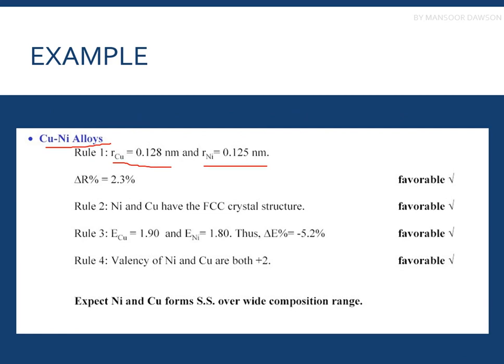We calculate the difference: radius of copper minus radius of nickel, divided by the radius of copper, because we are checking against copper, then multiplied by 100. You can see we get 2.3%, which is less than 15%. So this is the first condition satisfied for the Hume-Rothery rule to make a substitutional solid solution.